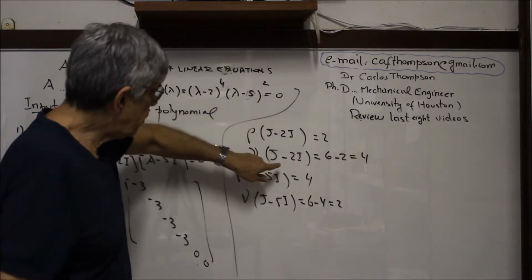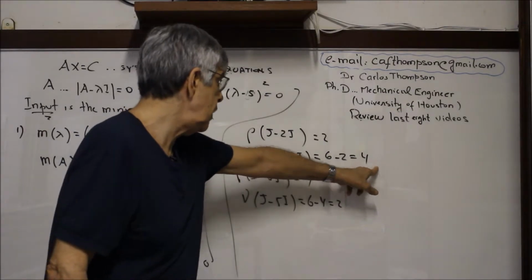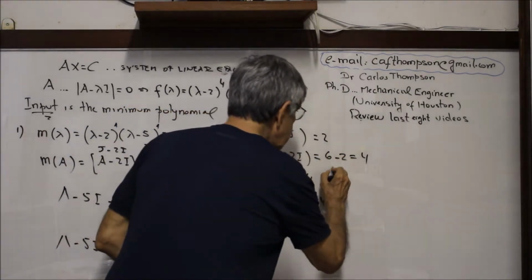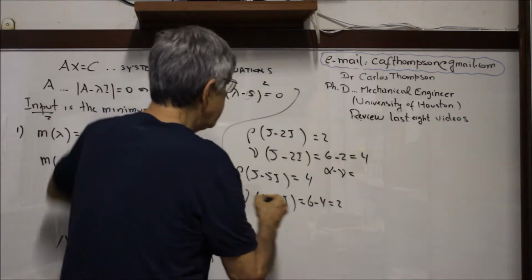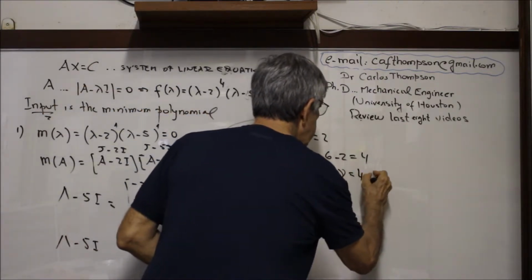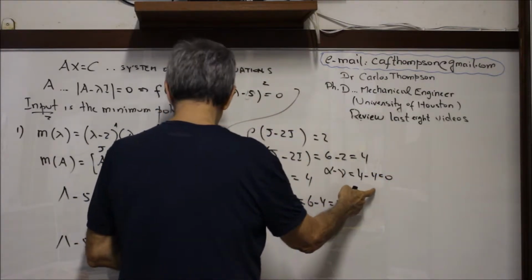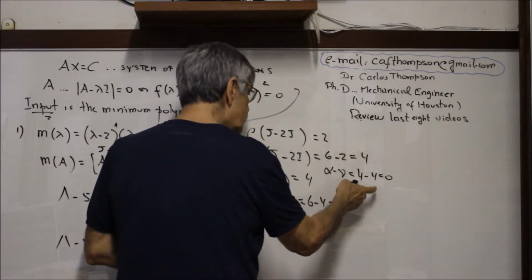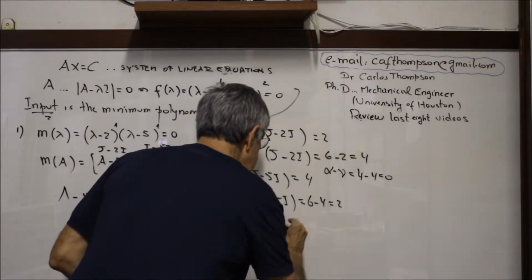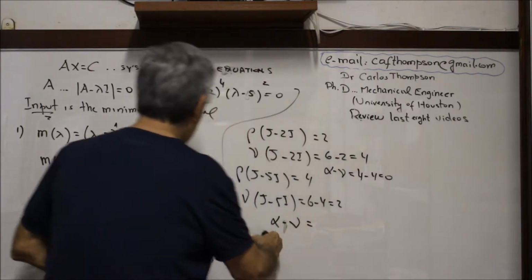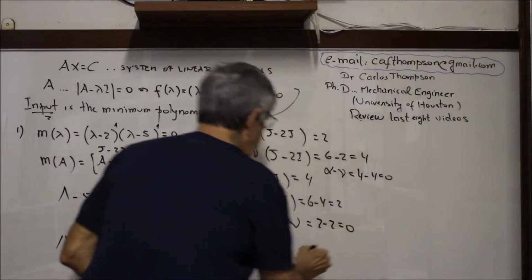From here, for lambda equal to 2, we have 4 solutions. Now, alpha minus ni, where alpha is the multiplicity: 4 minus 4 is equal to 0. So here there is no eigenvector, no generalized eigenvector. Here alpha minus ni, where alpha, the multiplicity, is 2: 2 minus 2 is equal to 0.